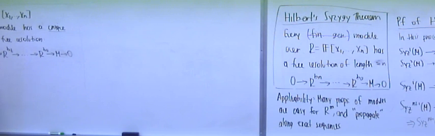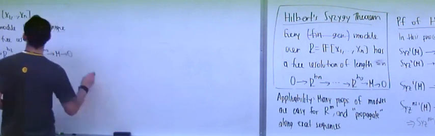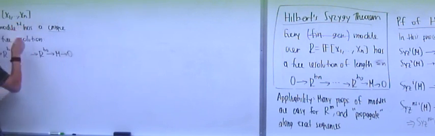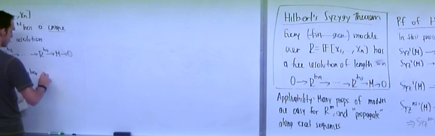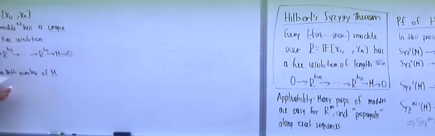So these b sub i's are called the Betti numbers of M. M was my module that I'm resolving, right? So this is the ith Betti number of M. And it also means that the syzygy modules really are well defined.